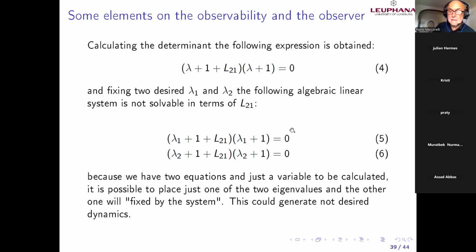I don't want to go in depth here because we need a little bit more time, but as an introduction to next week. Next week, we will conclude with the implementation also of the Luenberger observer.